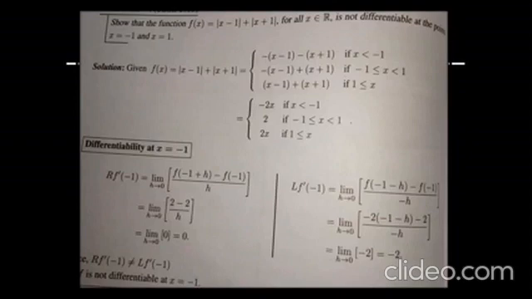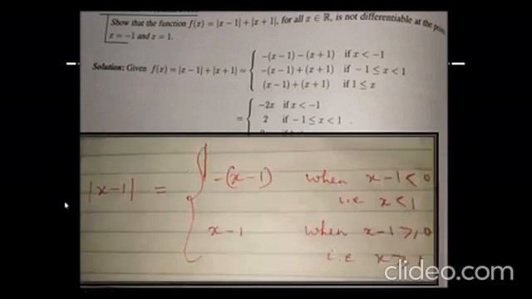So first of all, we have to look at what the value of the modulus should be when x is less than minus 1. If I am talking about the first term of the function, it is mod of (x minus 1). So we apply the definition of the modulus here.